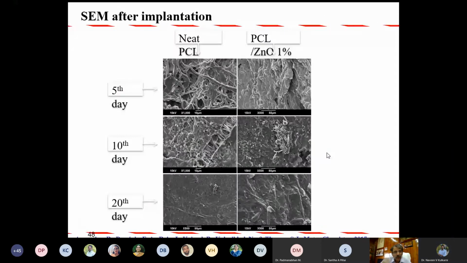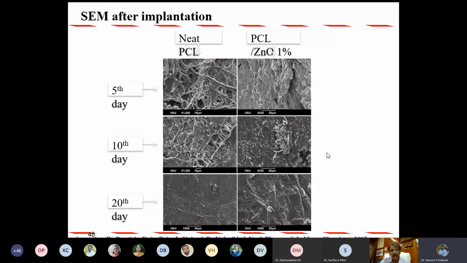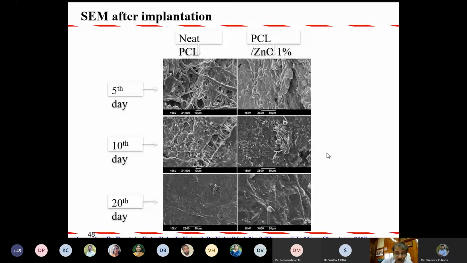Another important point of putting nanoparticles. You see, I said PCL is a very interesting biocompatible polymer. If you use just 1% of zinc oxide, you have accelerated wound healing. You also have accelerated disappearance of scaffold. You know, the scaffolds have to disappear after a period of maybe 2 weeks or 1 month or 2 months.